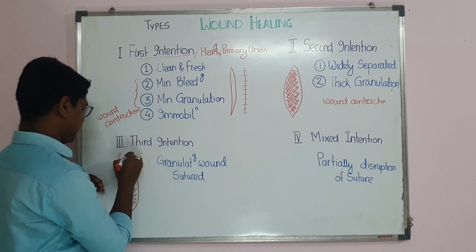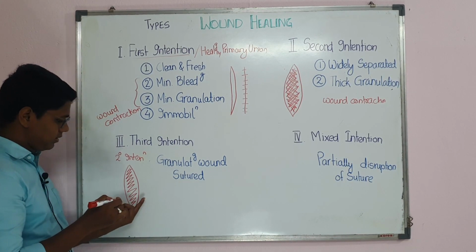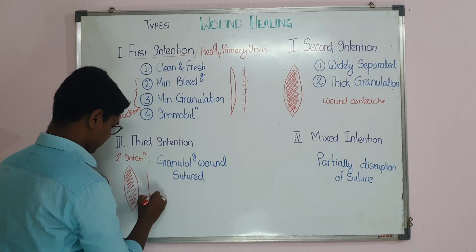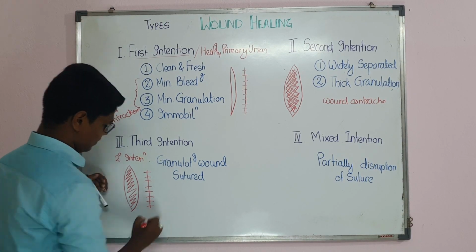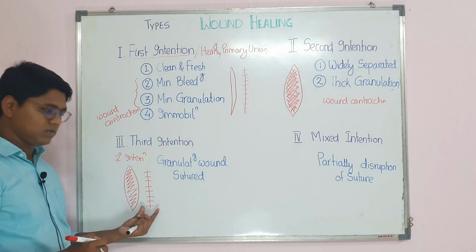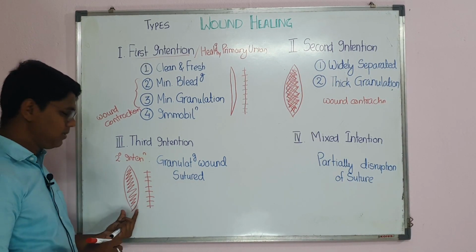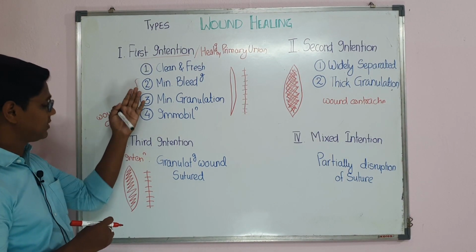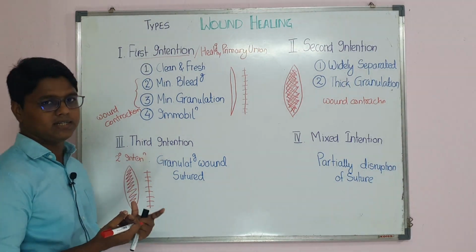What if at this point you sutured the wound? The granulation will be minimized, but it won't be like first intention, so they gave it a new name, the third intention.